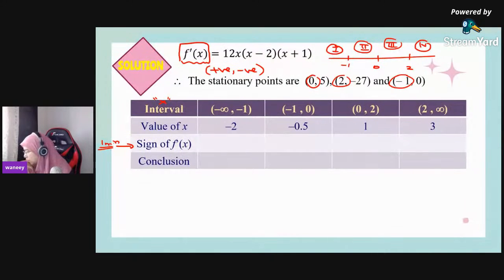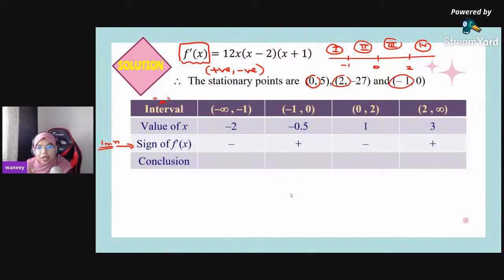Okay, so done with 1 minute. So now let us see what is your answer. Okay, so now if I substitute, I'm going to get negative for the first one and then positive, negative, positive.